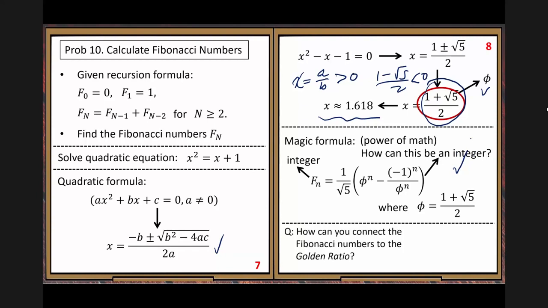Question: how can you connect the Fibonacci numbers to the golden ratio? In part D, we will see the connection, a natural connection through this equation, because they can be connected with the same equation here.